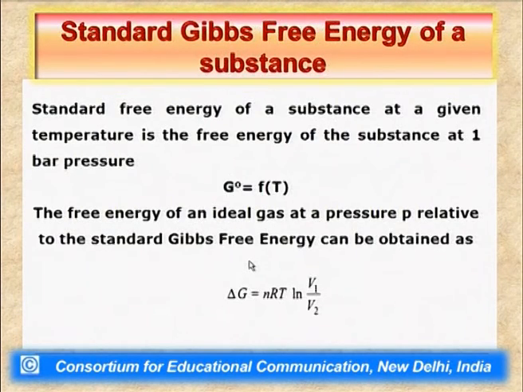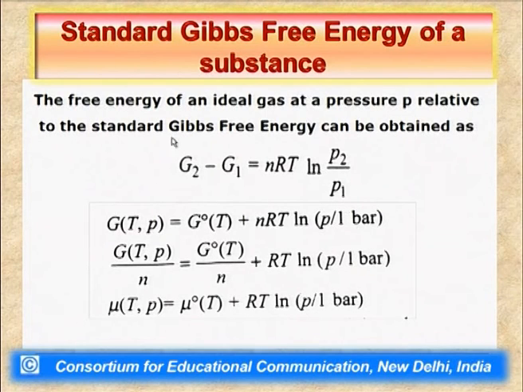So, we can write G2 simply as G, that is Gibbs free energy at temperature T and at pressure P. If you want to calculate it relative to standard Gibbs free energy, then because P1 is 1 bar, G1 becomes G standard.